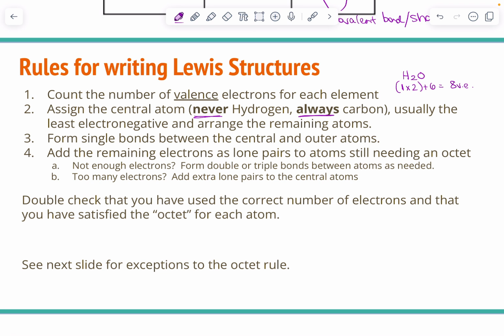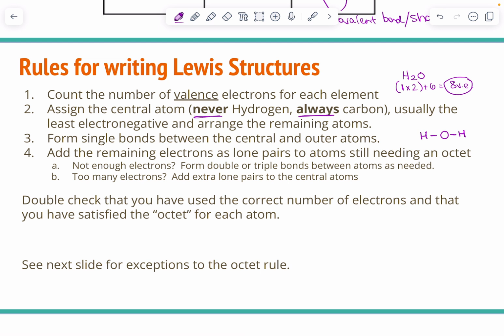As we do that, we're going to go ahead and form a single bond. So if I'm thinking about oxygen and hydrogen, for example, I'm going to put my oxygen with my 2 hydrogens there. Remember that each of those lines represents a shared pair of electrons. And so I've used 4 electrons of the 8 that I have. Again, I have 8 total valence electrons, making bonds between oxygen and hydrogen.